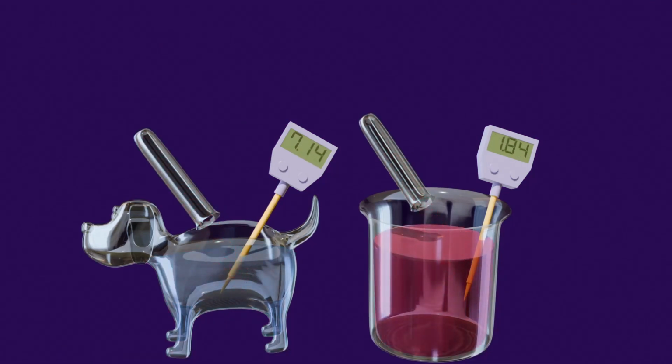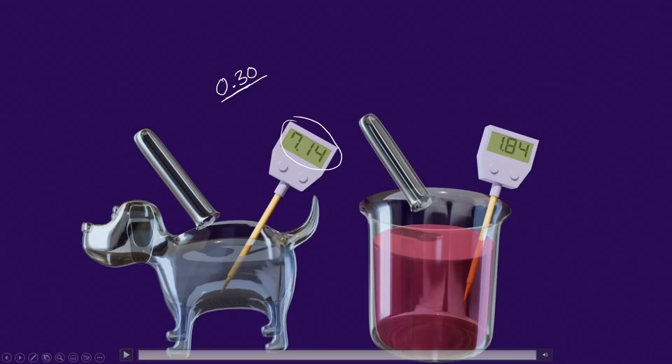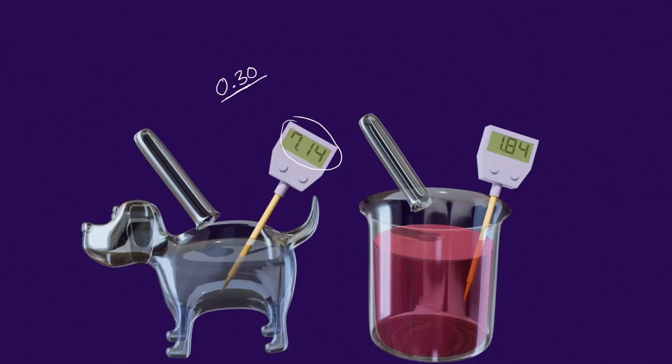So you see what happened here. From 7.44 to 7.14, only 0.30 units drop in pH. But here you see what happened. Initially, if we talk about the pure distilled water, the pH was 7.